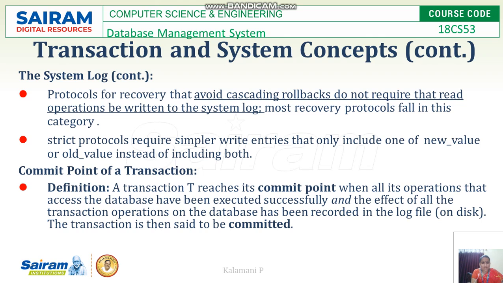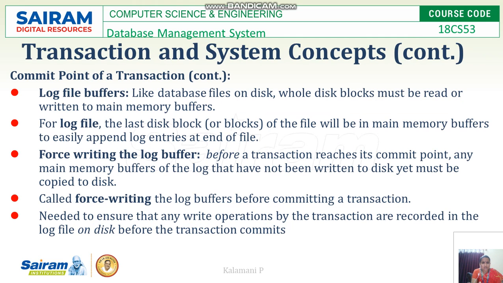A transaction T reaches its commit point when all its operations that access the database have been executed successfully, and the effect of all operations should be recorded into the log file as well as saved into the database. At the commit point, the log file buffer is force written.